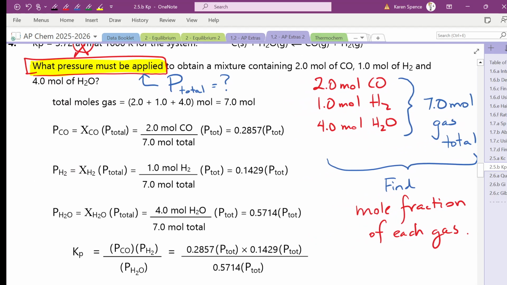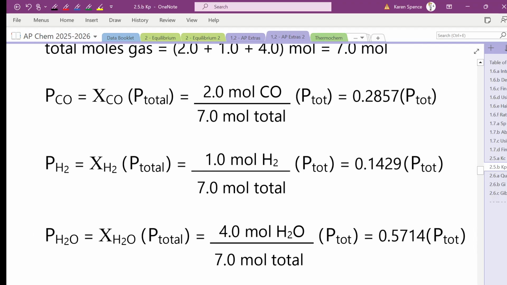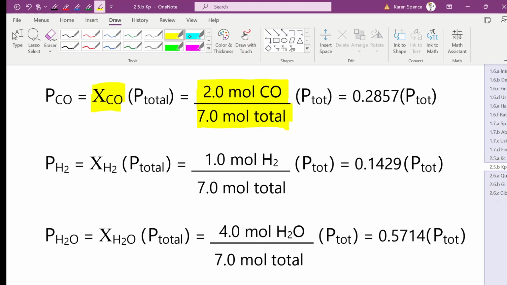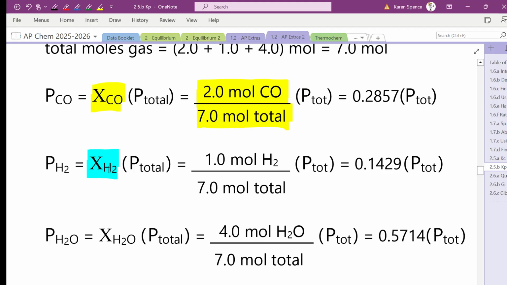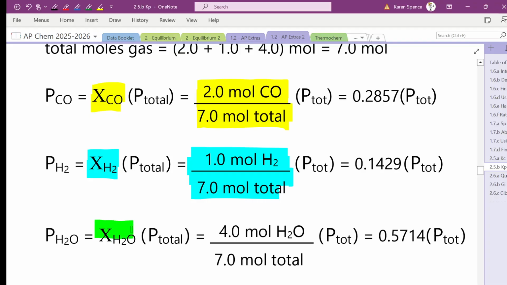So in this case, I did not do it separately. In this case, I wrote it in. Here's our CO. Okay, here's our H2 mole fraction. And then here is our water mole fraction.